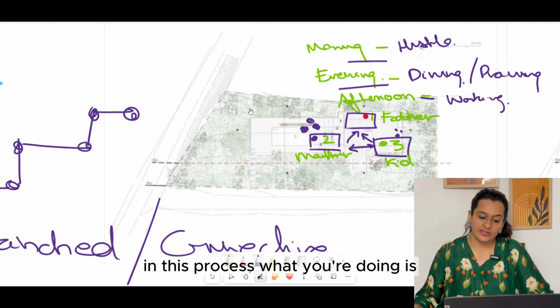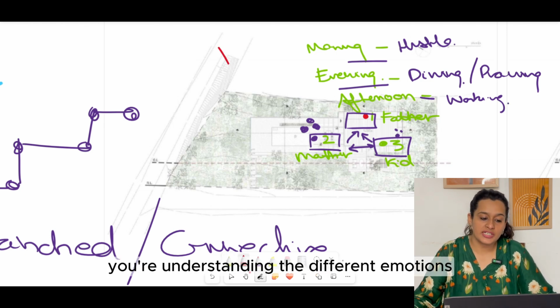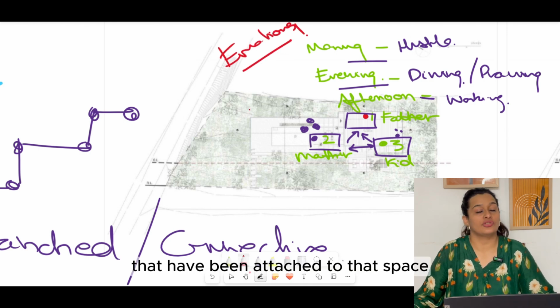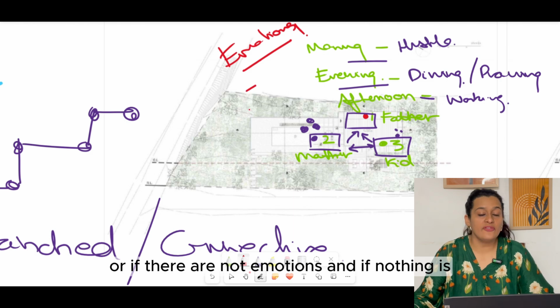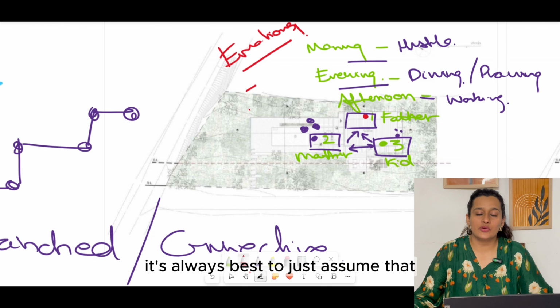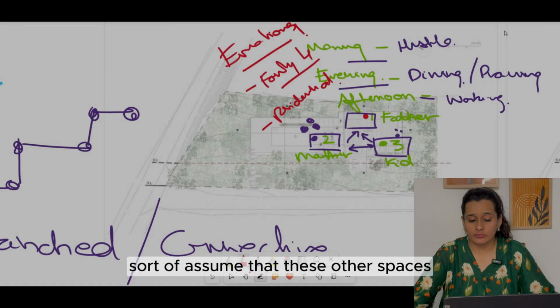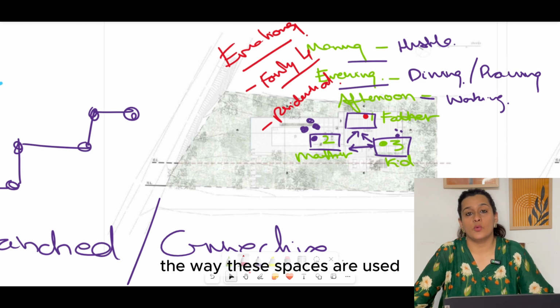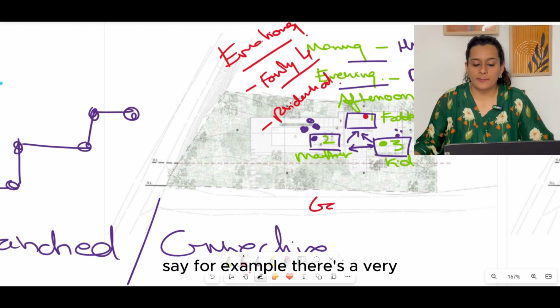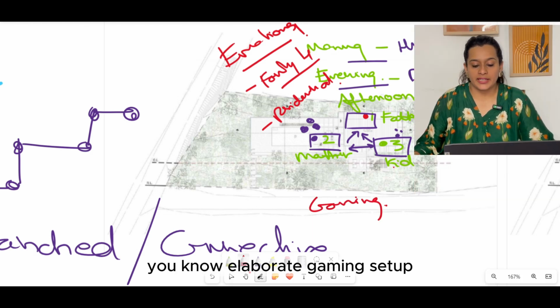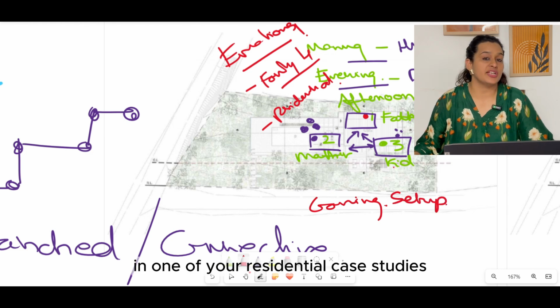So in this process, what you're doing is you're understanding the different emotions that have been attached to that space. Or if there are no emotions, and if nothing is written in your case study, it's always best to just assume that maybe there is a family of, say, four who are using it. Assume the way these spaces are used, say for example there's a very elaborate gaming setup in one of your residential case studies.